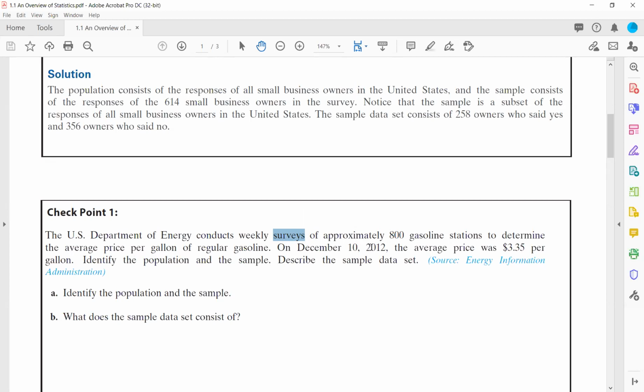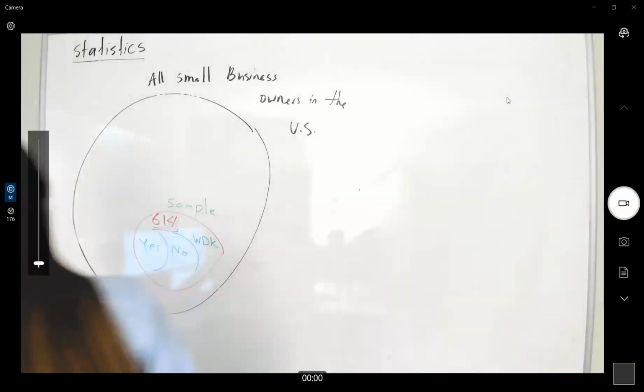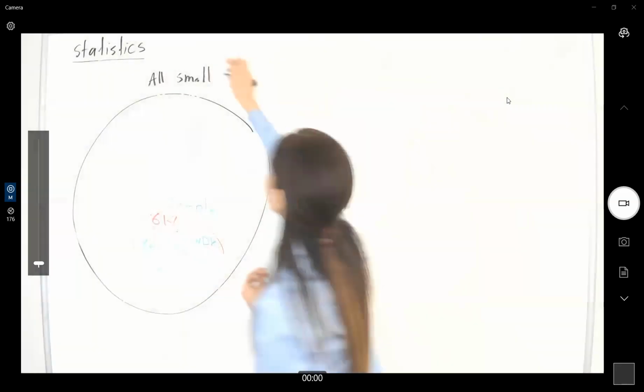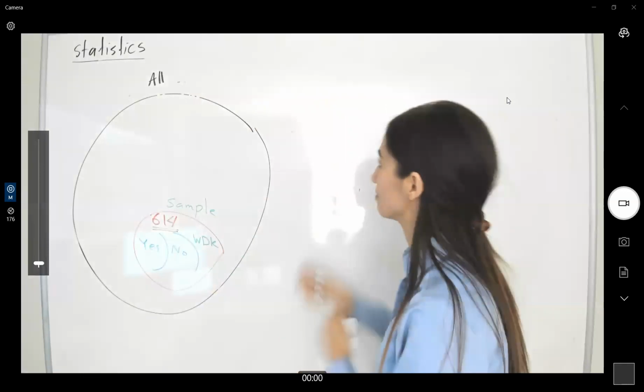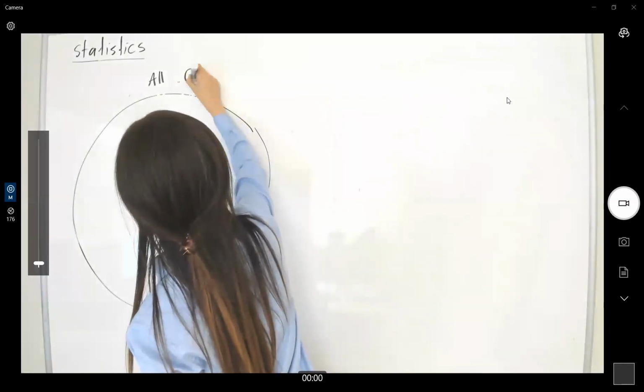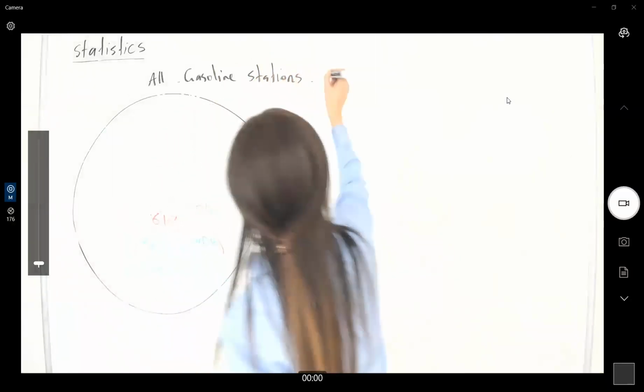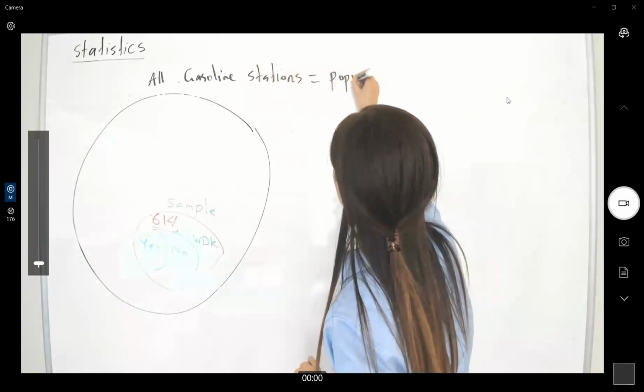On December 10th, 2012, the average price was $3.35 per gallon. Identify the population and the sample. The population is all gasoline stations.